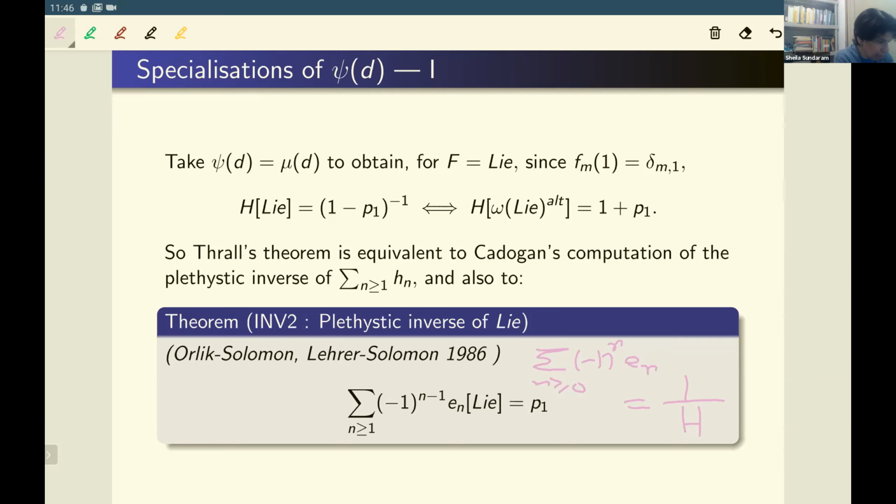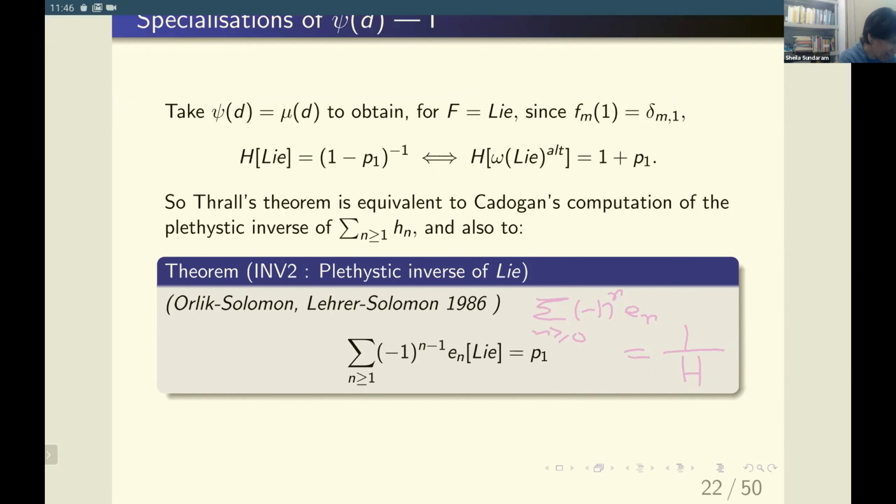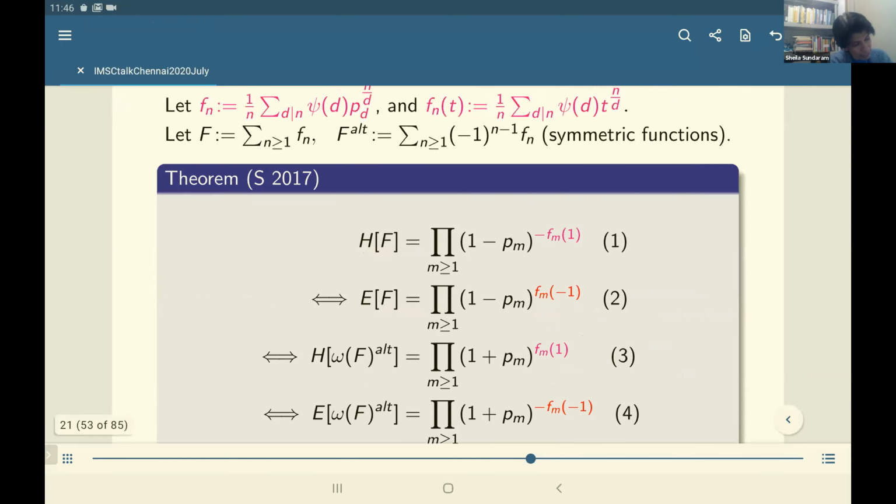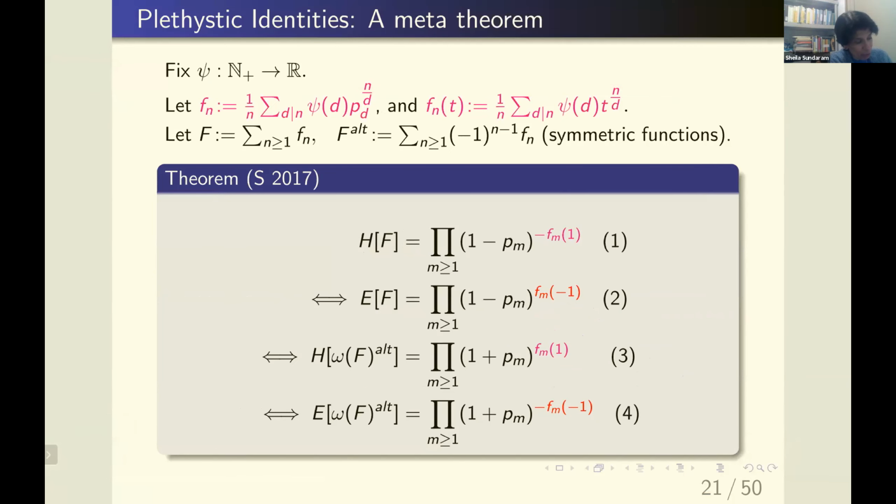So if you just actually take reciprocals of each of these, you can replace H with the alternating sum of the E's, you can replace E with the alternating sum of the H's, and so on, right?